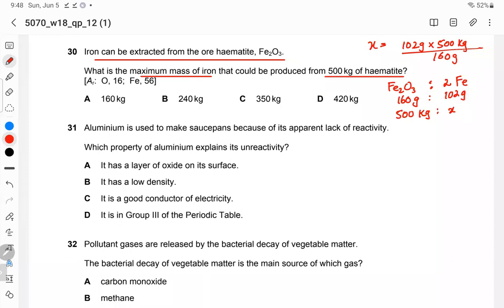Can anybody tell me, 318.75 kg? So it means it's E, but it must be 350. Why 318? Can you try it again?